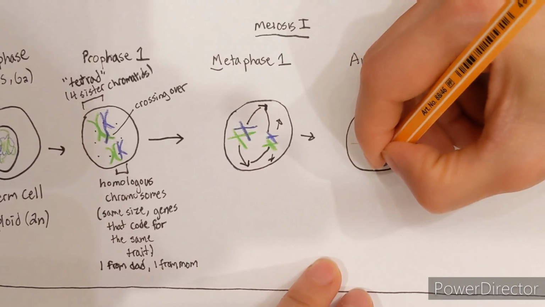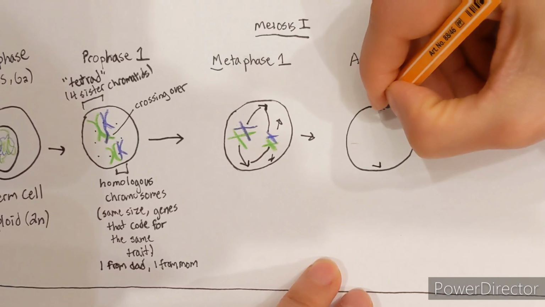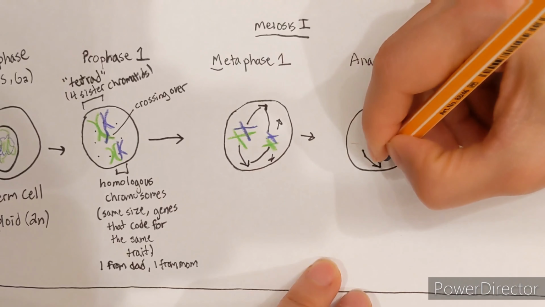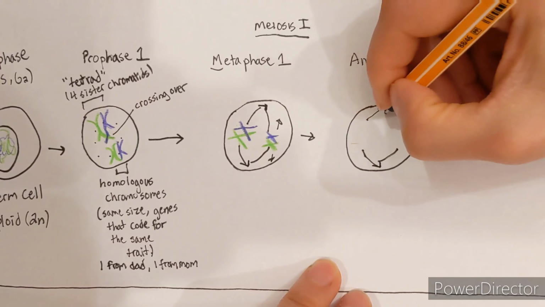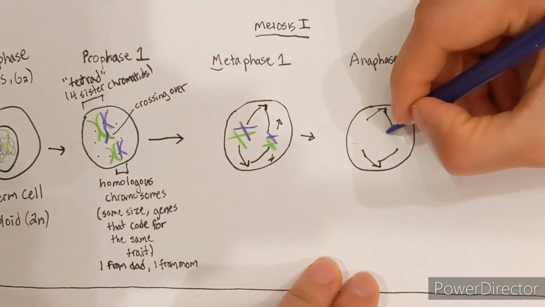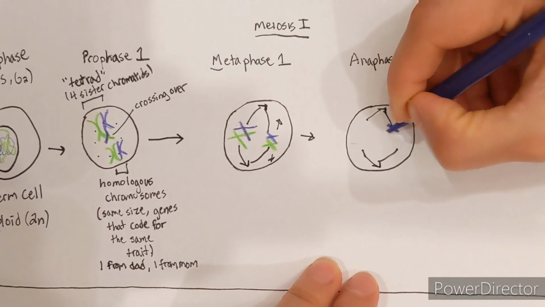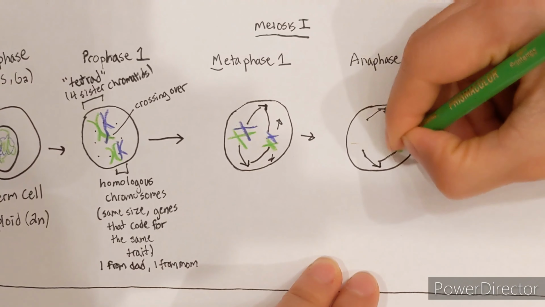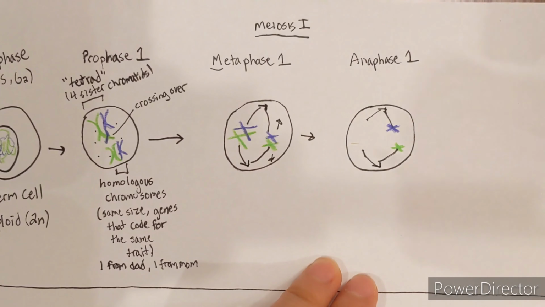Once again, I've got my centrioles. They're attached to the homologous chromosome sets, this time with their spindle fibers. On one side, I have one set of homologous sister chromatids. On the other side, I have another set of homologous sister chromatids.